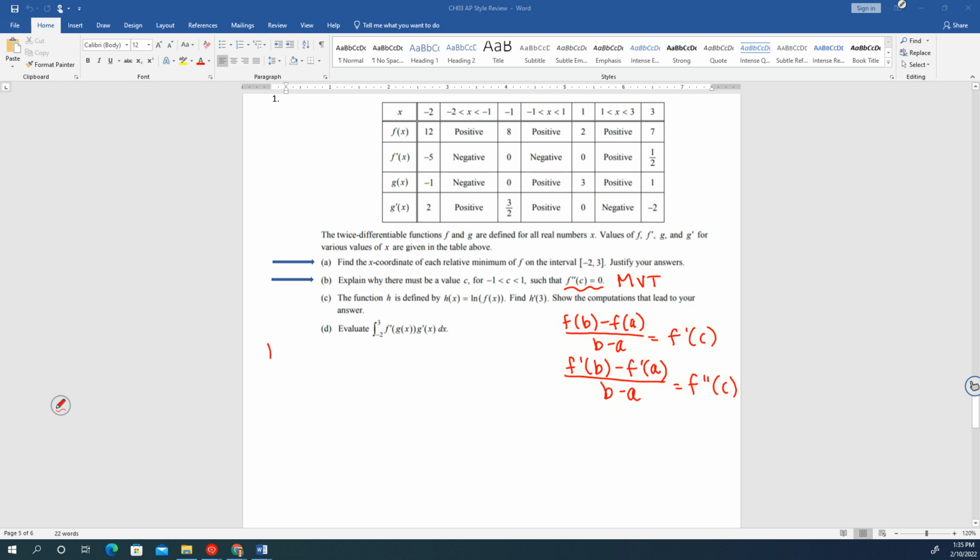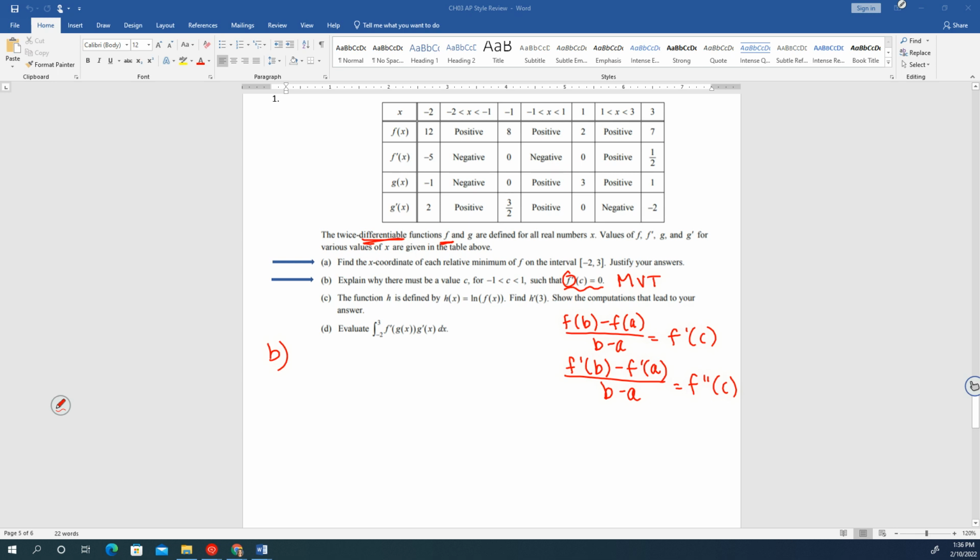Now first, for the mean value theorem, there's 2 things you have to prove in the hypothesis, 2 criteria you have to meet: that it's continuous on the closed interval, and differentiable on the open interval. So this is what I was saying before. They want us to use f here. They're telling us that this is a differentiable function, both f and g are.